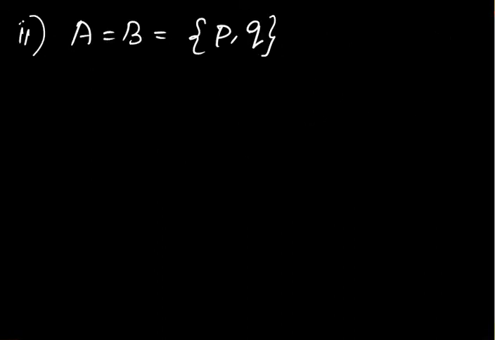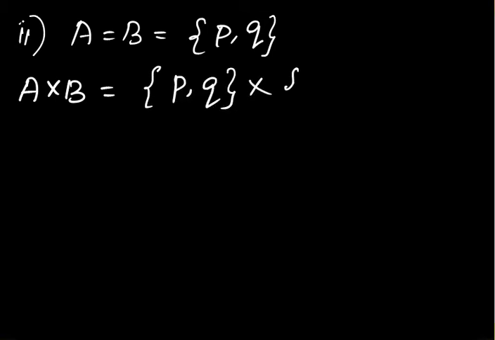For the next question, they have given both the values of A and B to be P comma Q. First we'll find A cross B. A cross B is equal to, write A value cross B value.